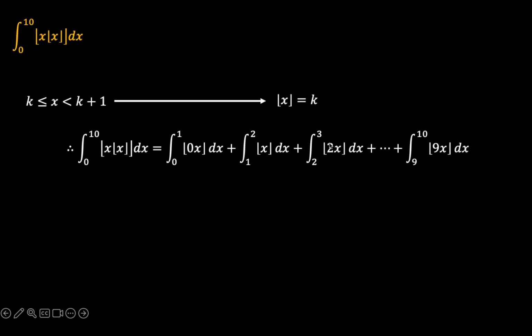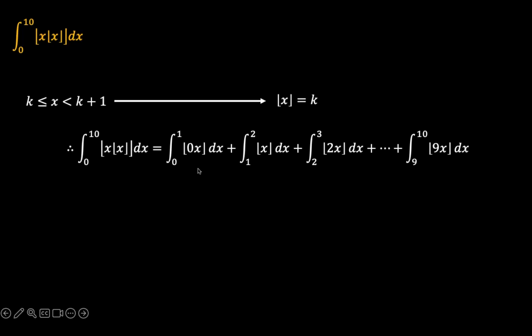And then between 2 and 3, since the floor function of x there is 2, so we have the floor function of 2x. And we keep adding until we get to the interval 9 to 10. The floor function of x within that interval is 9, so we have the floor function of 9x integrated in that interval.